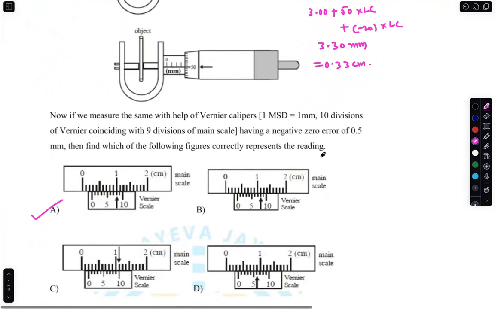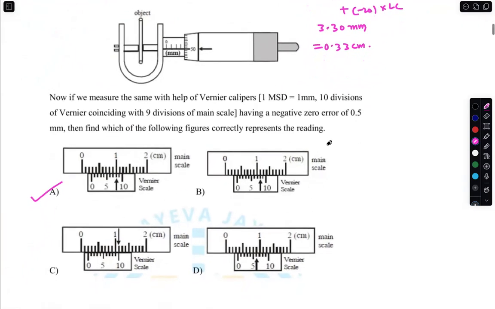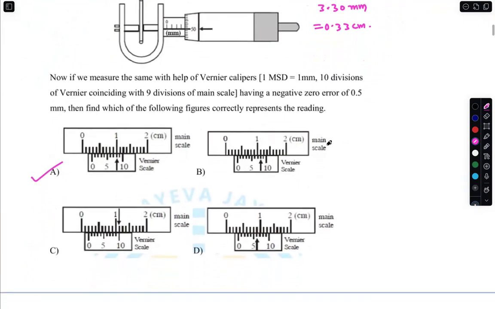Now the question is, which vernier calipers is the best for this? Obviously, the least count of the instrument, a regular one only, is 1 MSD minus 1 vernier scale division.